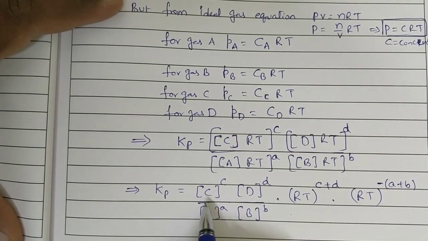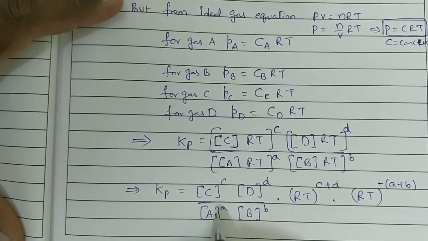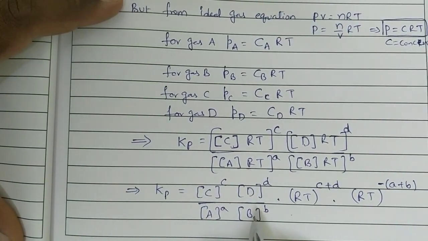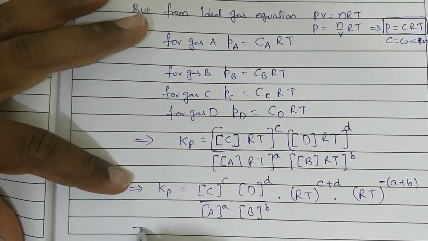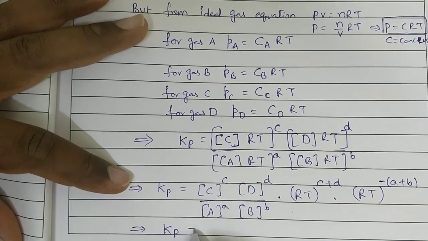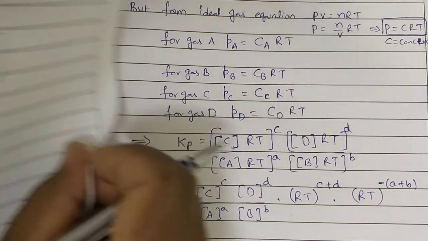Observe this one, concentration of C power c into concentration of D power d divided by concentration of A power a into concentration of B power b. This is equal to Kc. In the previous class we already discussed that.